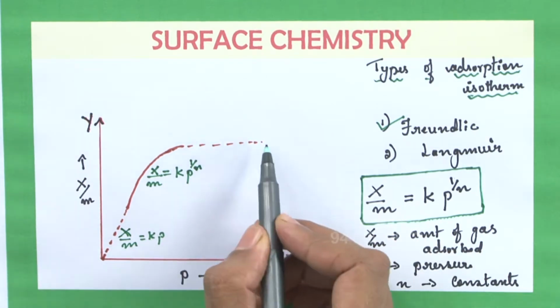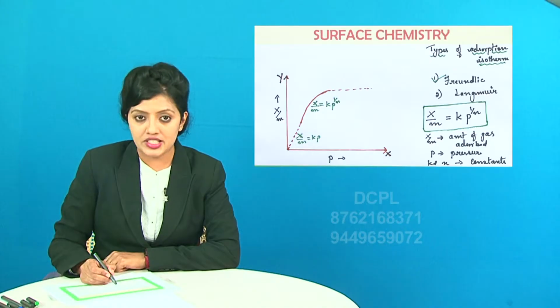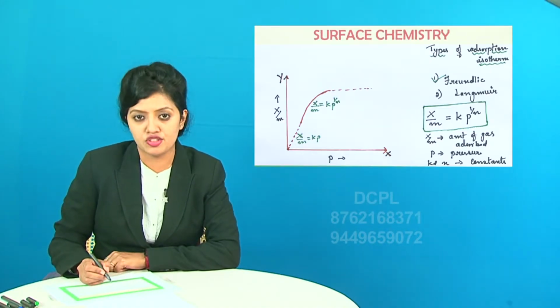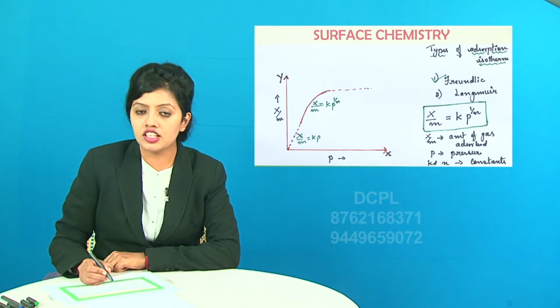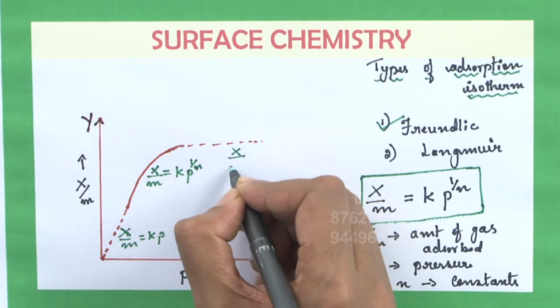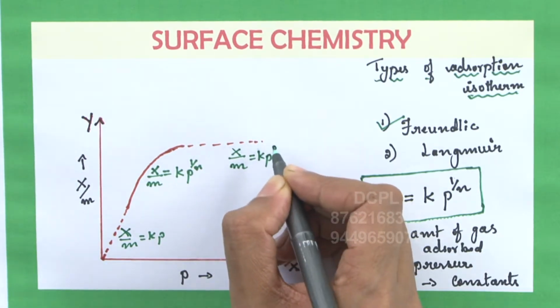And when we look at this part of the curve, it is parallel to the x-axis. That means that at high pressure, the adsorption has been saturated, and hence the curve is parallel to the x-axis, and it can be given as x by m is equal to k into p to the power 0.